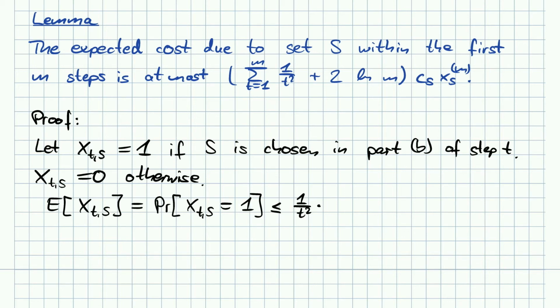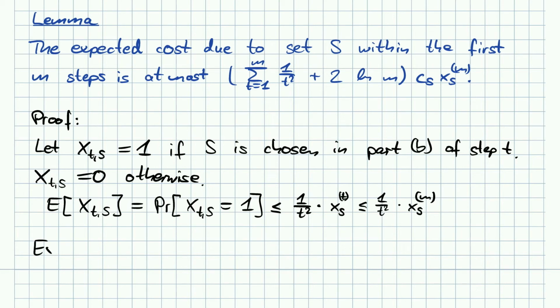And then the probability that this set is now chosen is at most small x_s at time t. And those can only increase over time, so we can upper bound this by the fractional value at time m.